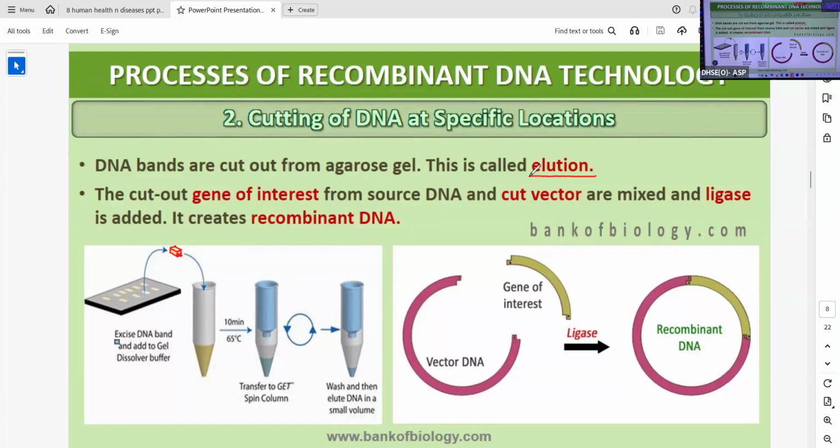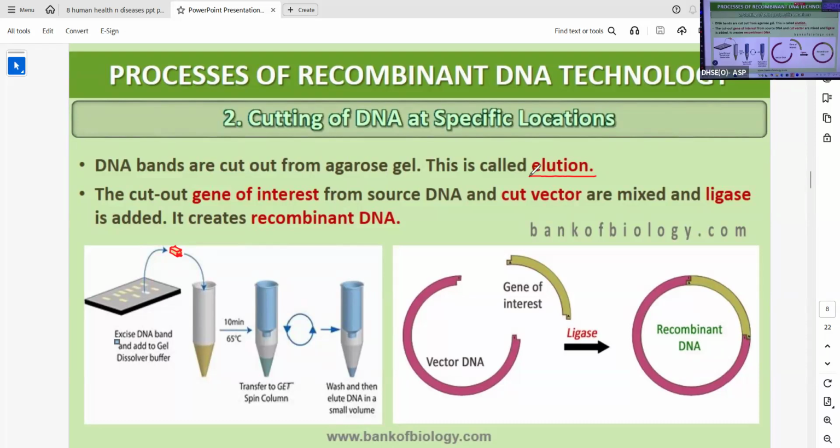Why? Because of the sequences in the DNA, you cannot add it just anywhere. So the sequence of this particular gene of interest and the sequence where it will be inserted in the DNA must be the same. Otherwise, it will not accept it or it cannot be added to the DNA.